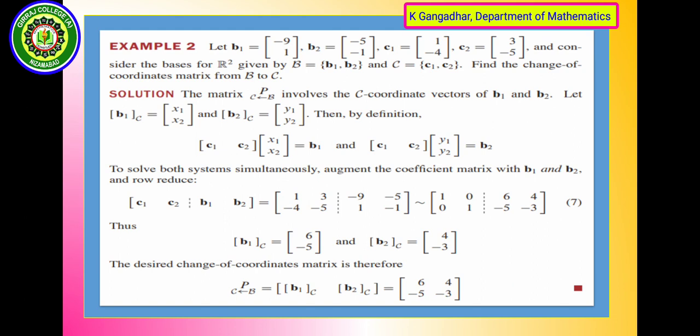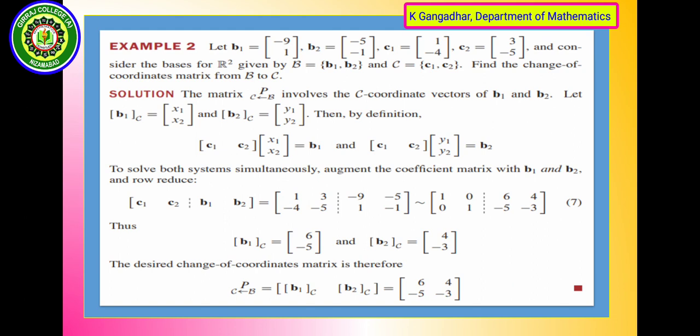So now the problem. Let b1 = (-9, 1), b2 = (-5, -1), c1 = (1, -4), c2 = (3, -5), and consider the bases B and C of R2 given by these vectors.